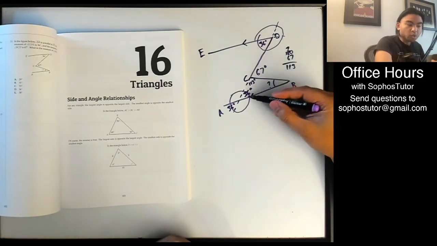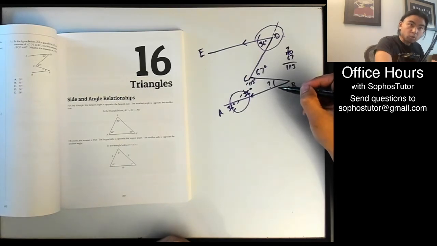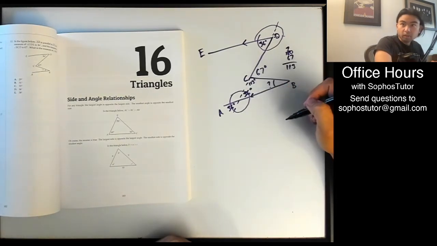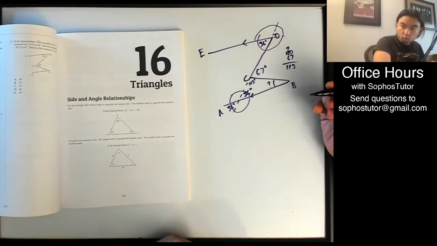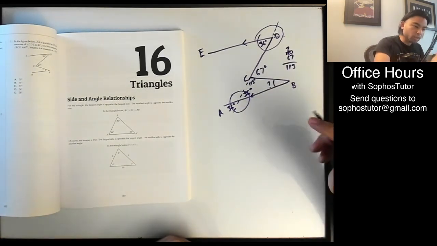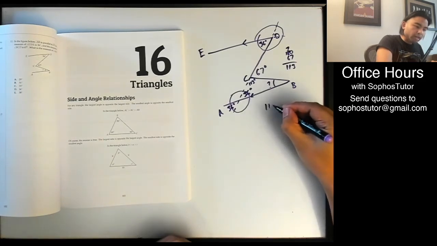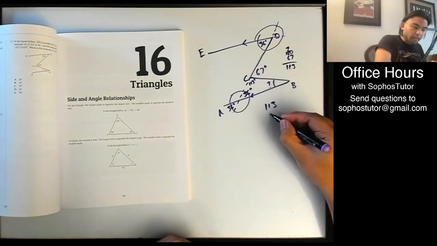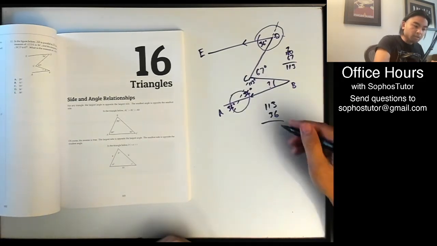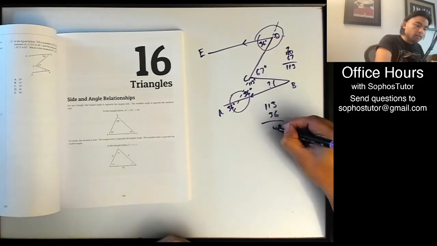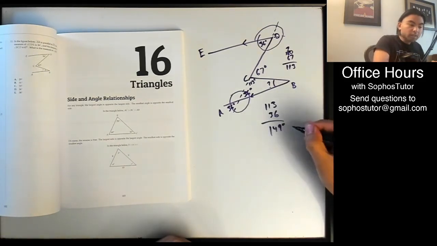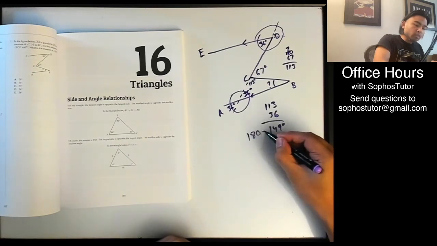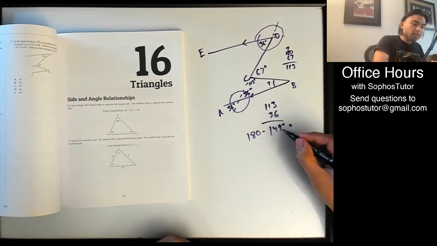We now know two angles inside of a triangle. Because they all add to 180, we should be able to figure out the third. We can just go to our calculator, but I'll do it by hand. Let's add the first two angles together. 113 plus 36, 149 degrees. And now we subtract that from 180.